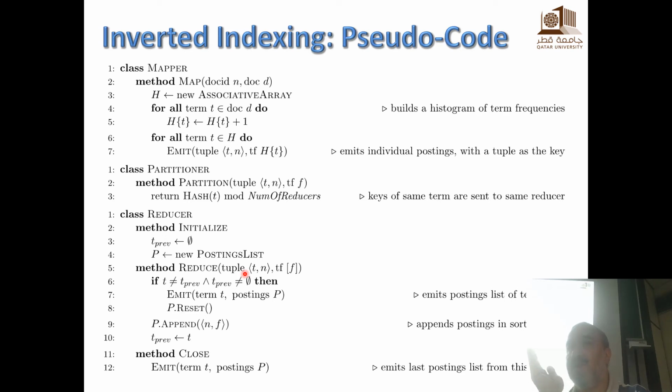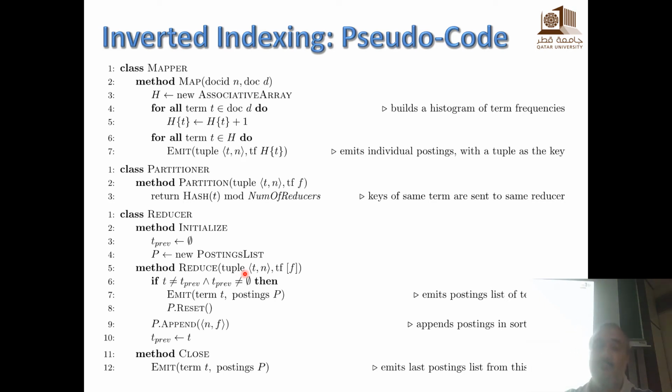Is that clear? It's only sorting, because there are no repeated keys at all. Every emitted key from the mappers will be unique. It will not be emitted from other mappers.